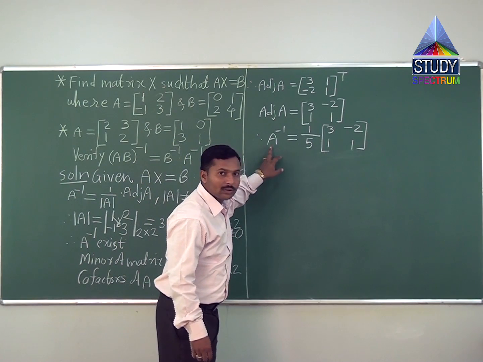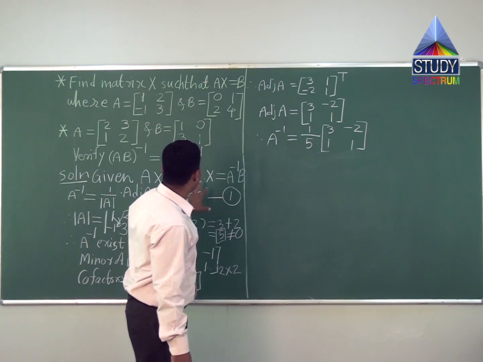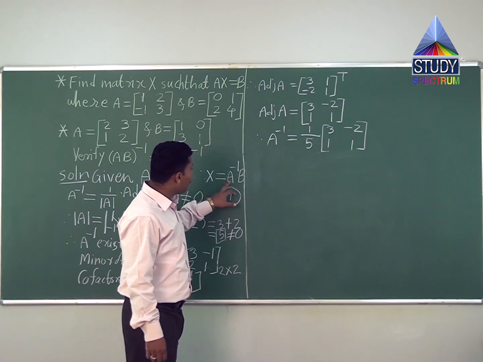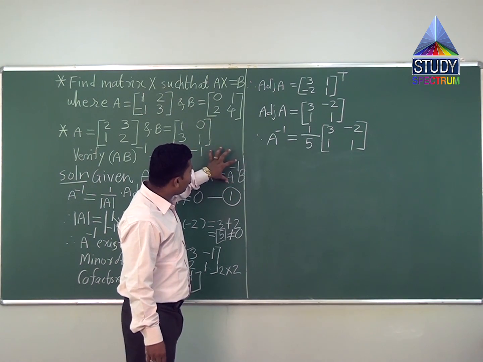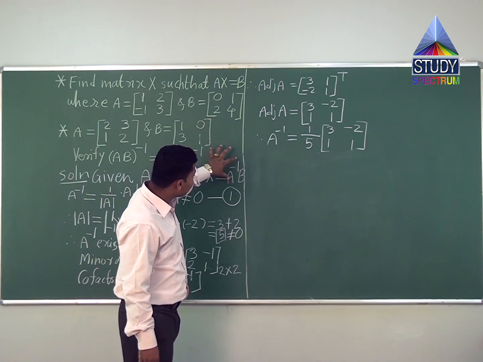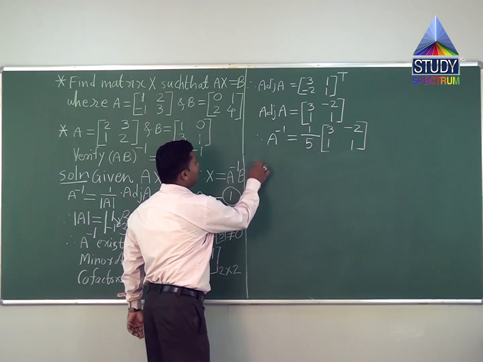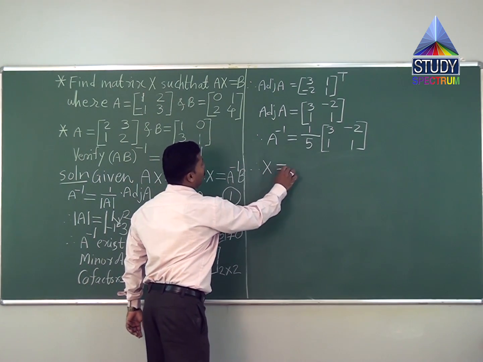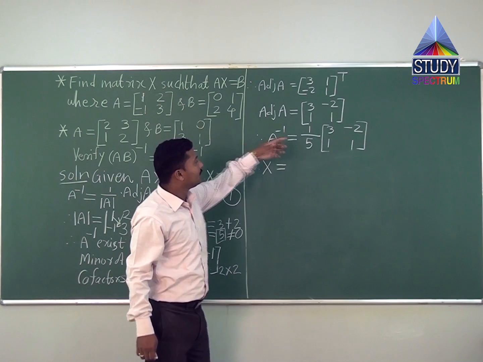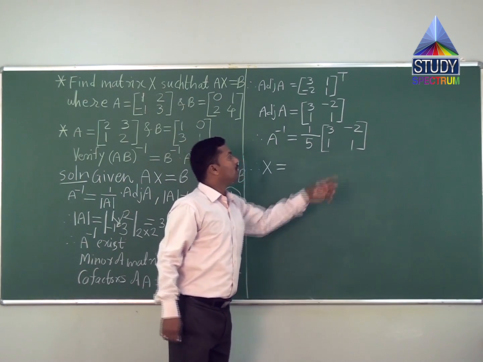Here we have found A inverse and we have to find capital X equal to A inverse into B. So we put the value of A inverse in this place. So what do we get? Capital X equal to what? A inverse is this matrix.